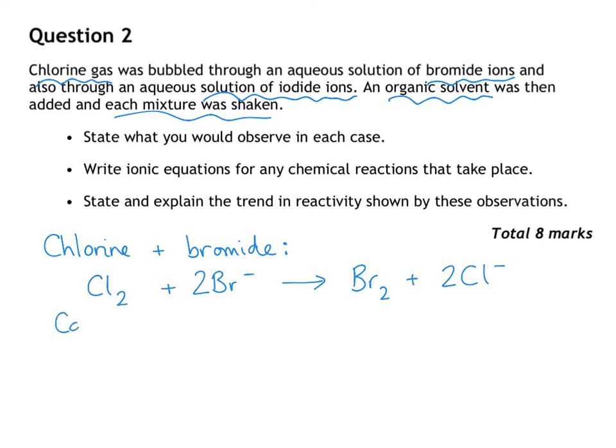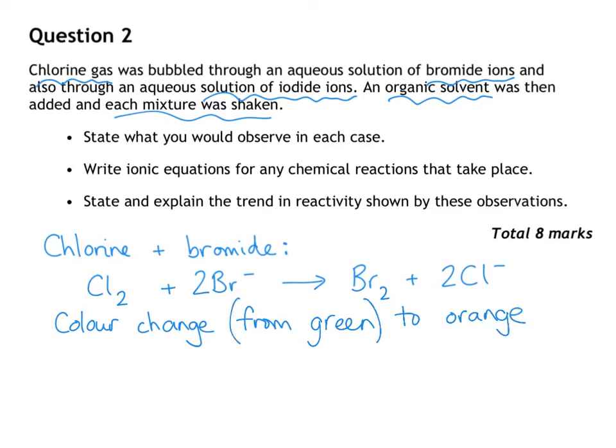So the colour change before I add the organic solvent is from green, because it's chlorine gas, to orange. I'm going to put the from green in brackets. It's unlikely you would have it. Normally you would just add chlorine solution incidentally, and if you added chlorine solution it wouldn't be green, it would be colourless. So there's my colour change.